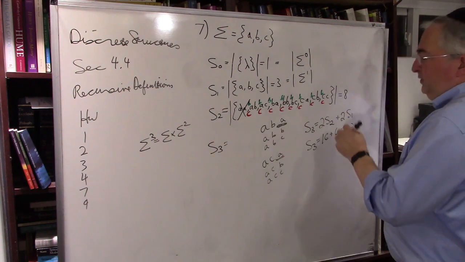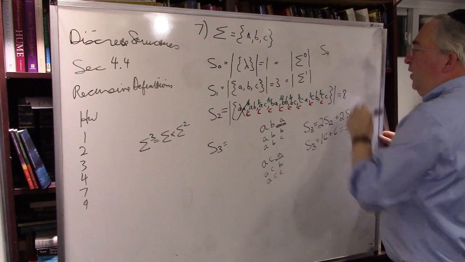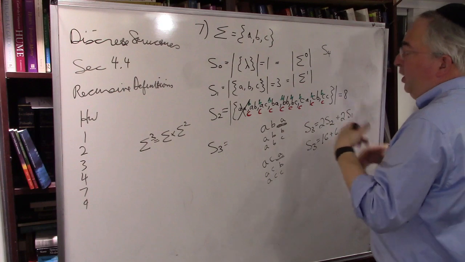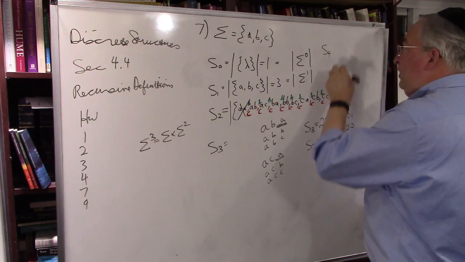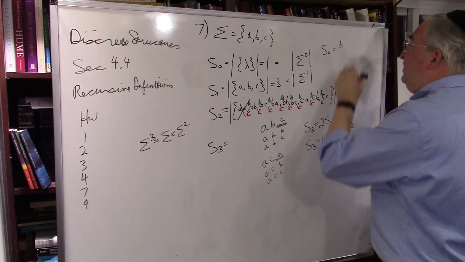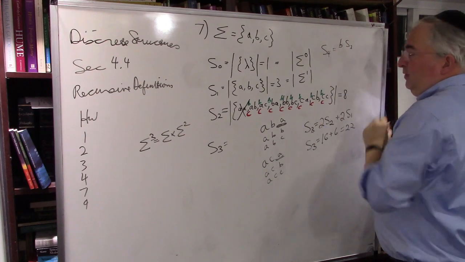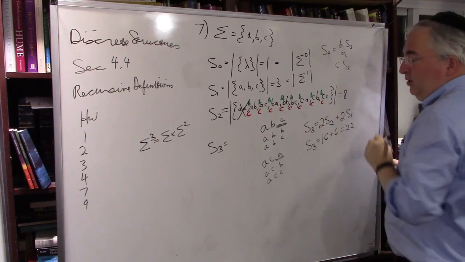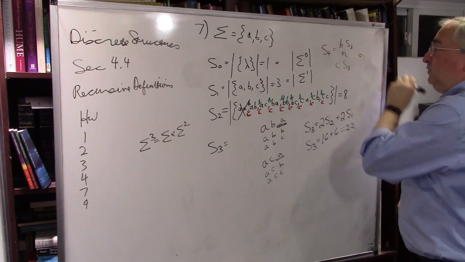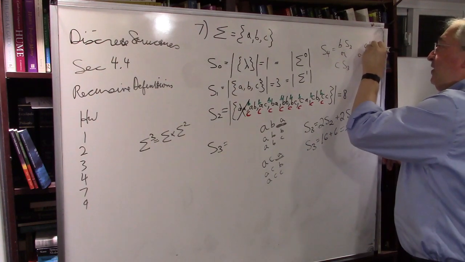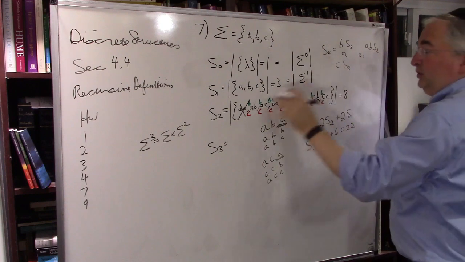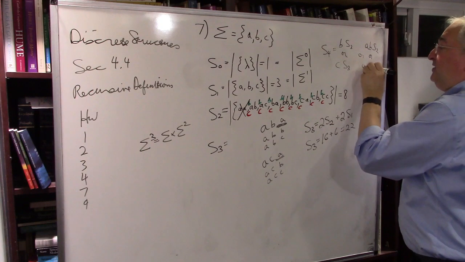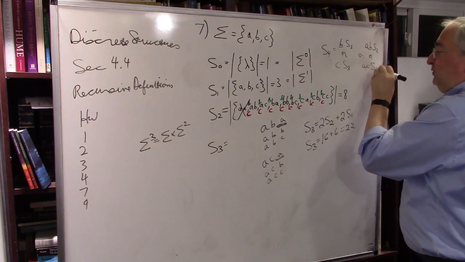Let's go on and do more. What about S4? Well, S4 is going to be a lot of 4-letter words. Those 4-letter words are either going to start with a B and then words from S3, or C and words from S3, or AB and words from S2, or AC and words from S2.